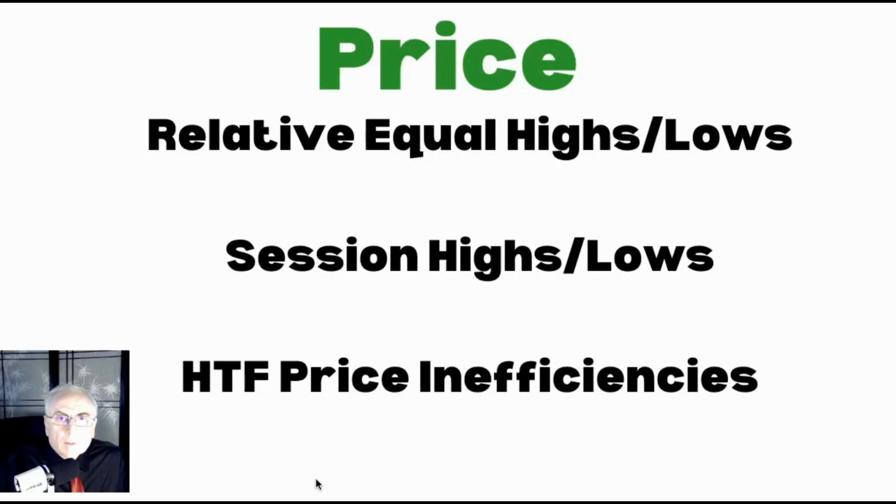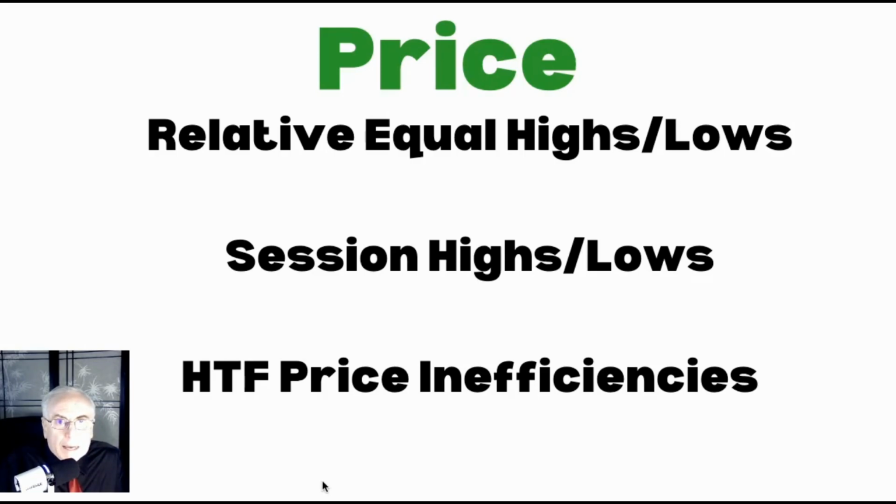Price. I keep it real simple with price. Relative equal highs or lows in the session. So if I'm in Asia, I want to mark those price highs and lows out. I want to do it in New York. I want to do it during the London session. And then what are the higher time frame and the lower time frame price inefficiencies?